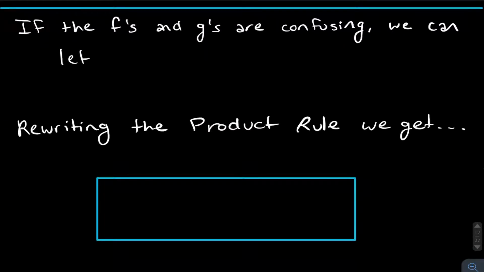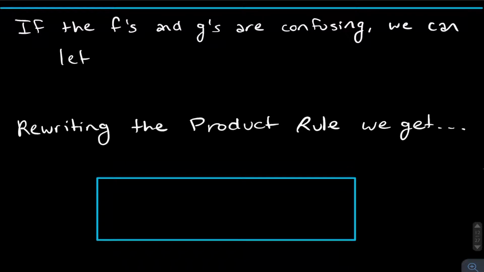Hopefully the f's and g's aren't too confusing, but if they are, here's a better way of writing this, and it's actually a lot easier to remember as well. We can let u equal f of x, and let v equal g of x, just so you don't have all these parentheses going around everywhere.